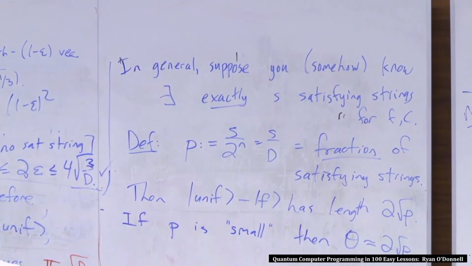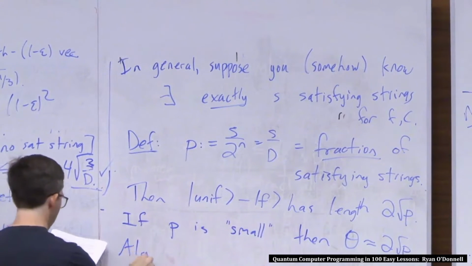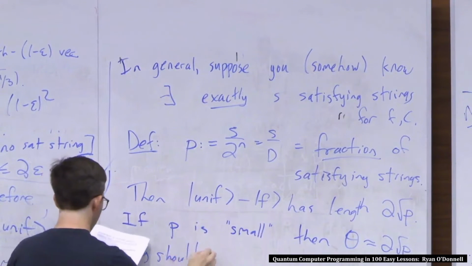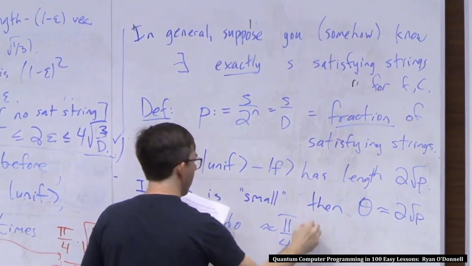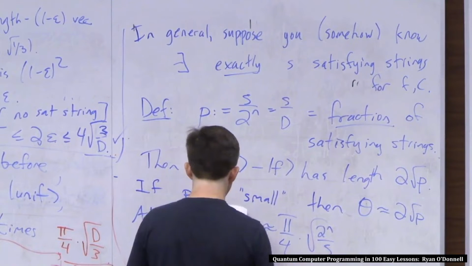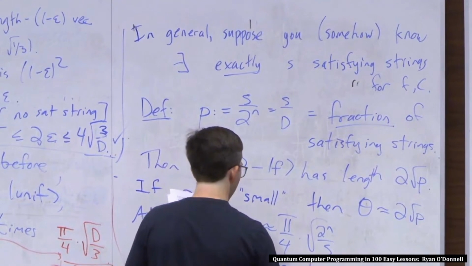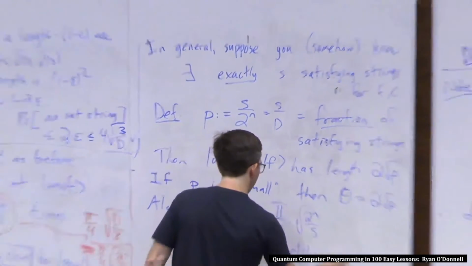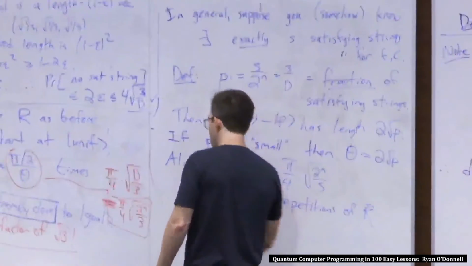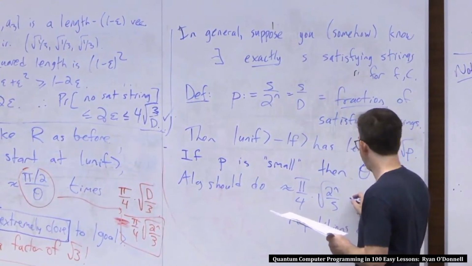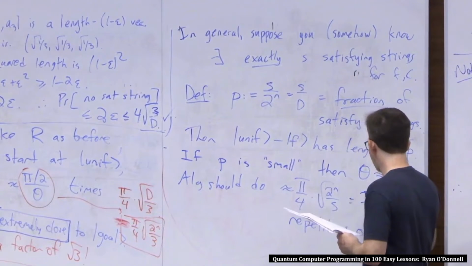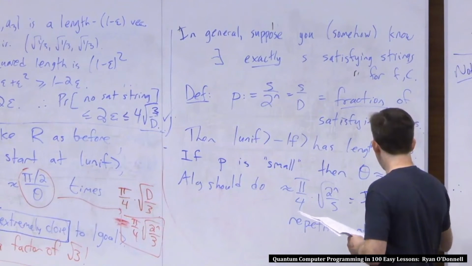And so the algorithm should do about, as we saw, pi over 4 times square root 2 to the n over s repetitions of R. This was the s equals 3 case. And this is pi over 4 times square root 1 over p.